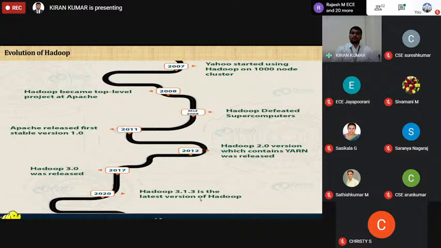It is the latest version of Hadoop, and every day there is innovation happening. There is a platform, the Apache Software Foundation, where we can register ourselves. All the updates that happen in Hadoop will come to us as notifications, so you can register yourself on the platform to get the recent updates.